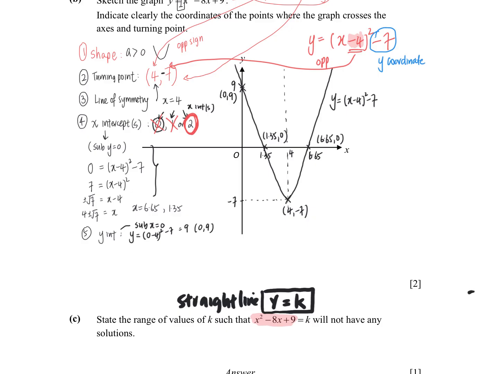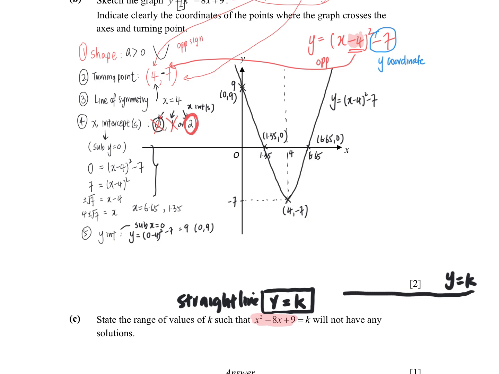We all know that y equals to k is a horizontal line. So now they are asking you, when will the horizontal line not have any solution at all? No solution means it doesn't cut your graph at all.